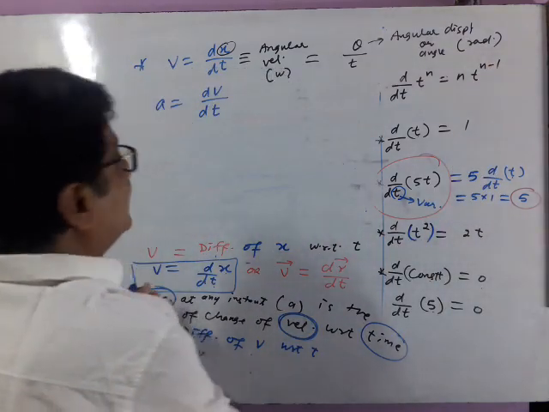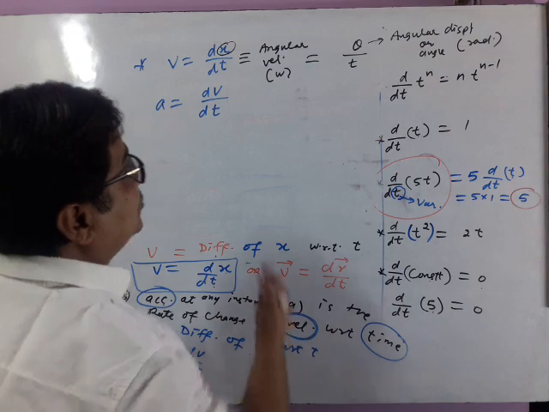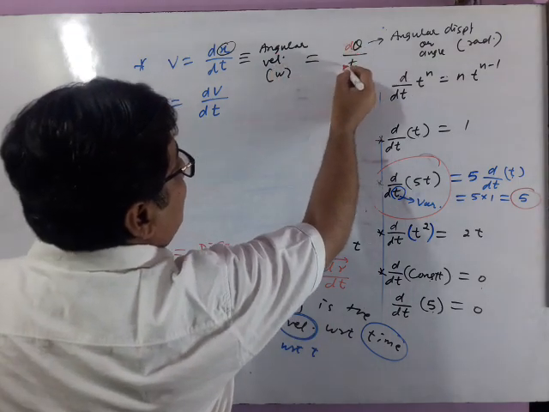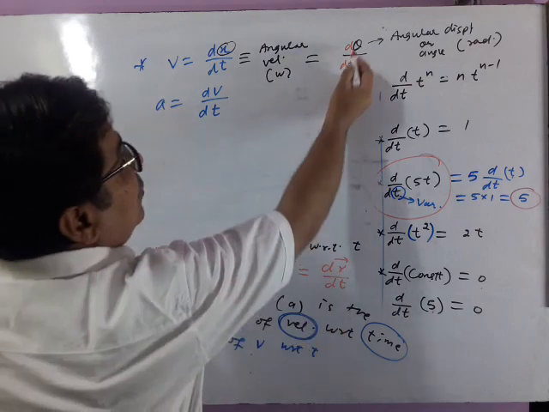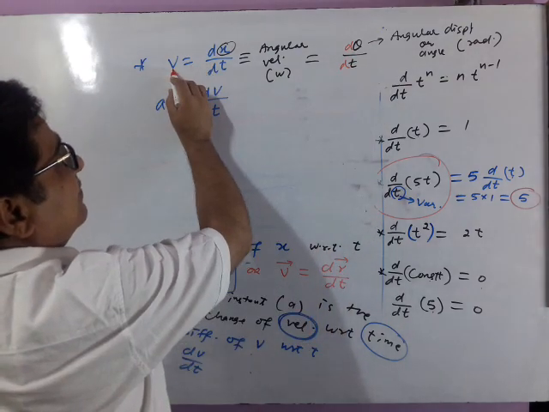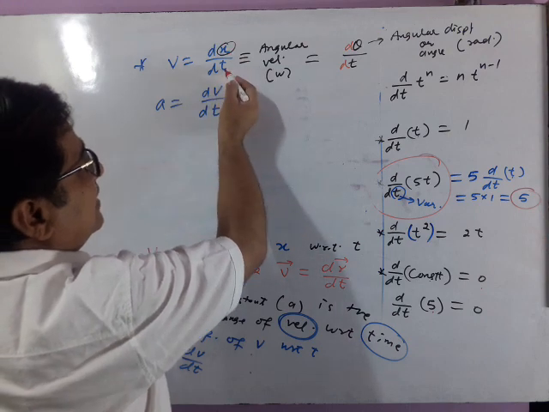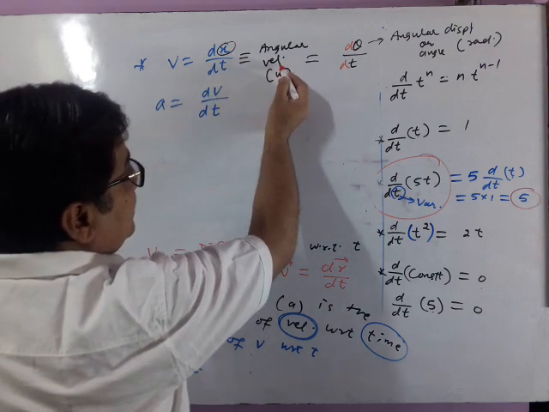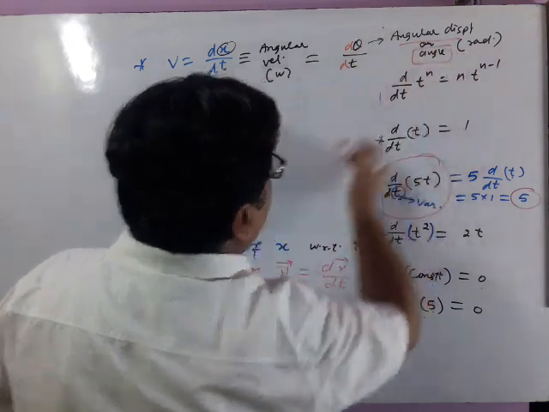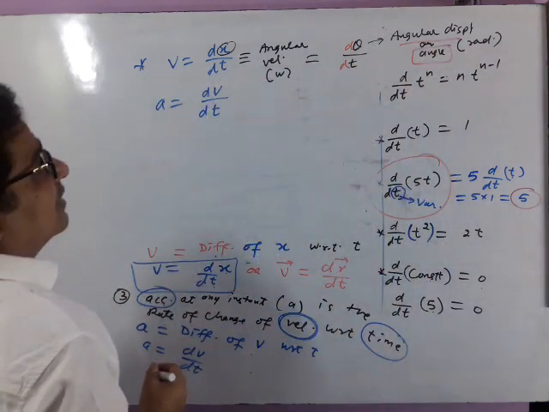So with reference to differentiation, angular velocity is the rate of change of angle with respect to time, called d theta by dt. Linear velocity is the rate of change of linear displacement, and angular velocity is the rate of change of angular displacement, which means angle.